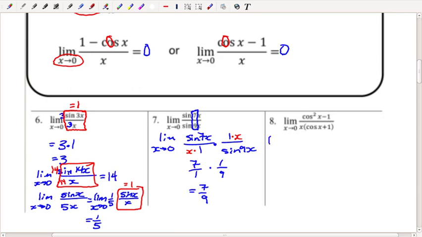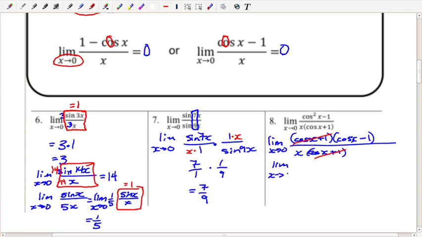So maybe if you've been thinking hard, you can see at the top how I'm going to factor this as a difference of squares. So this ends up being limit x goes to 0 of, this is going to be cos x plus 1, cos x minus 1. Can you see that difference of squares? And then over x, cos x plus 1, which means that my cos x plus 1 can cancel my cos x plus 1, and then what I've got is the limit of x going to 0 of cos x minus 1 over x, which is the second form of my cos limit.